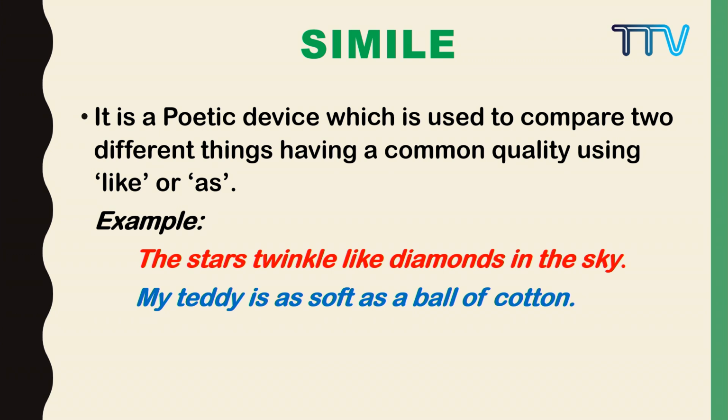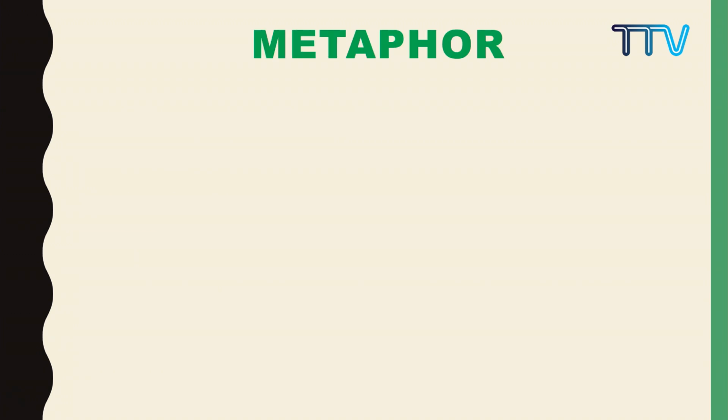So what are you comparing your teddy with? A ball of cotton, right? But instead of like, you are using as soft as. If you get an idea of how you can compare two different things, then you get the idea of simile. Okay, metaphor.